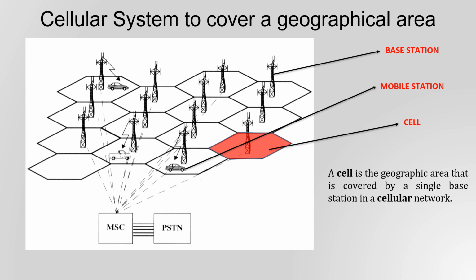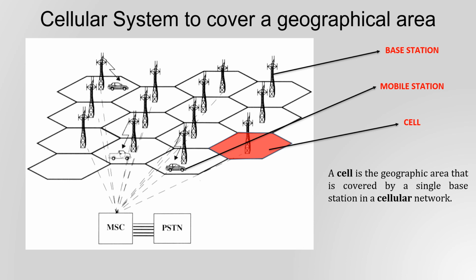This system divides bigger geographical regions into small cells, and these cells are served by a particular base station. All the signals collected from these base stations are forwarded to an MSC, that is the mobile switching center, and this mobile switching center forwards the calls to PSTN, the public switch telephone network. I hope we saw that in the previous slide.